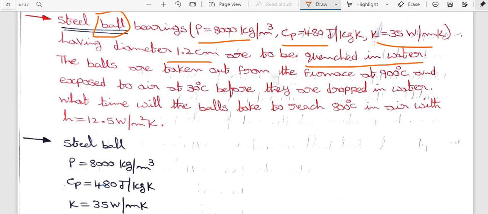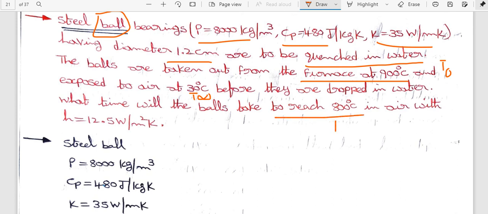The balls are taken out from the furnace at 900 degrees, so that is the T naught value, and exposed to air at 30 degrees, that means T infinity is equal to 30. Before they are dropped in the water, what time will the ball take to reach 800?